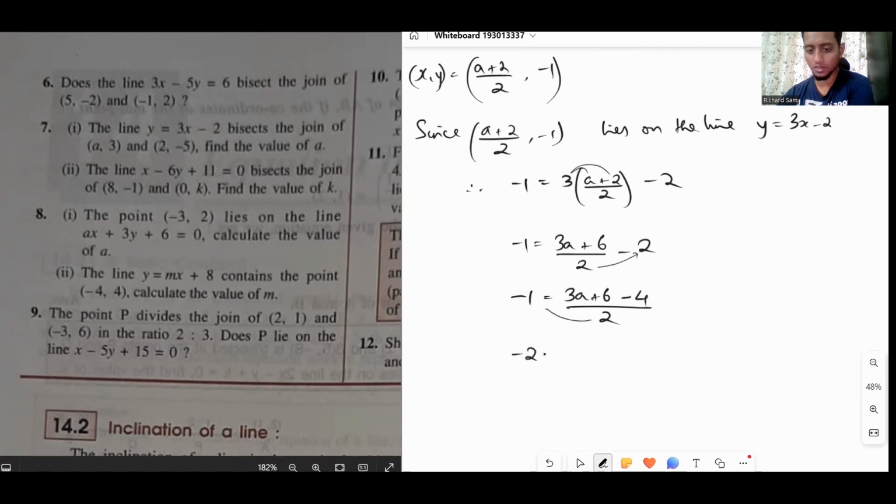So that's minus 2 is equal to 3a plus 2. Then take the plus 2 to that side. So that's minus 4 is equal to 3a. So a is equal to minus 4 upon 3. This is the answer.